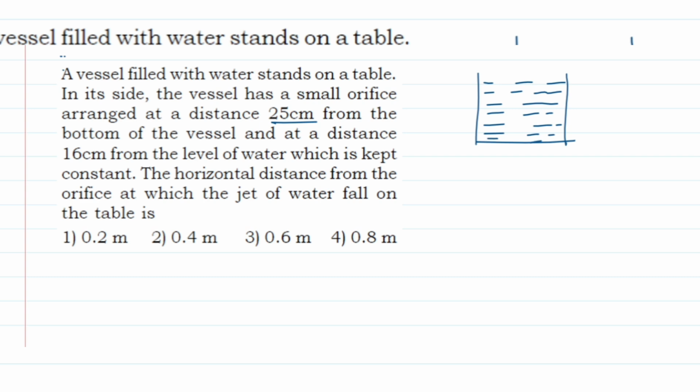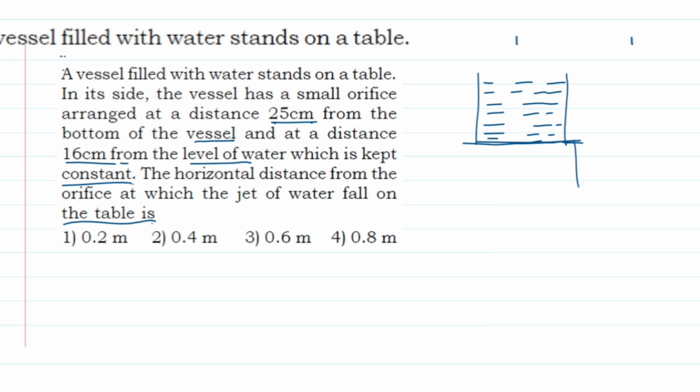From the bottom, you are arranging the orifice at a distance of 25 centimeter from the bottom of the vessel and at a distance of 16 centimeter below the level of the water, which is kept constant. Now the horizontal distance from the orifice at which the jet of water falls on the table is asked.